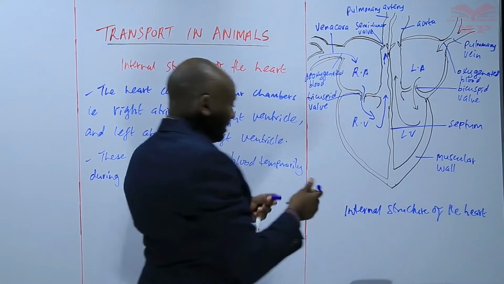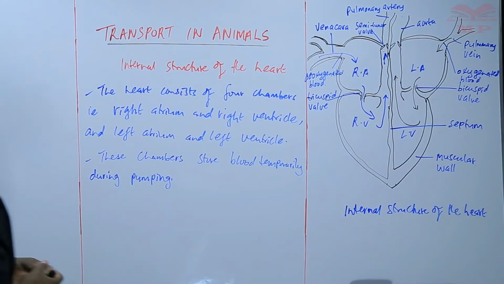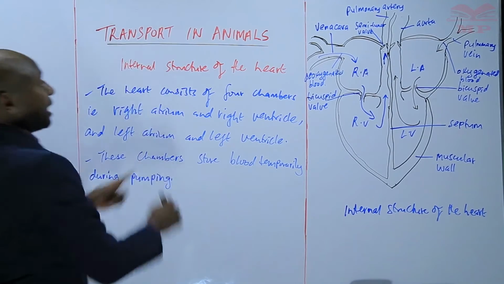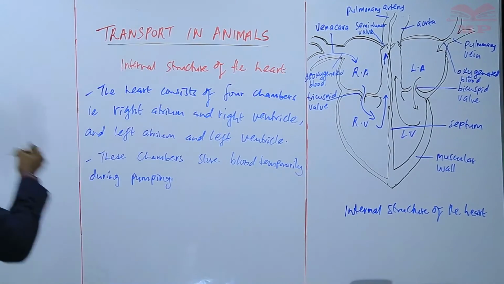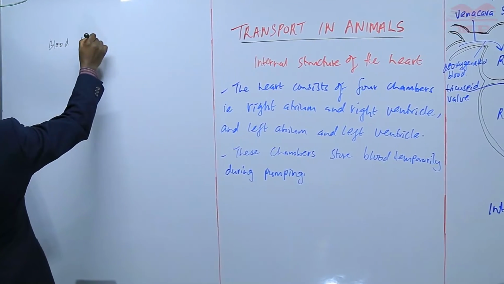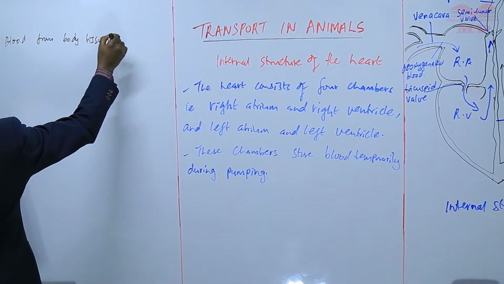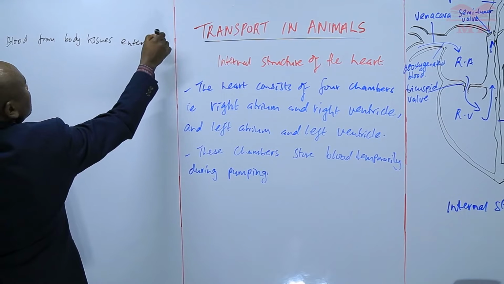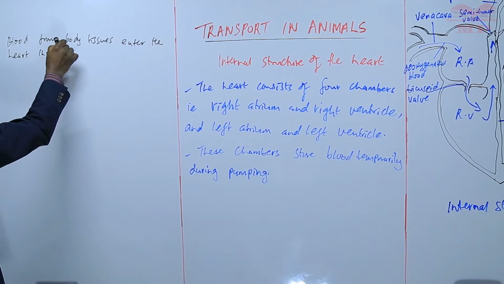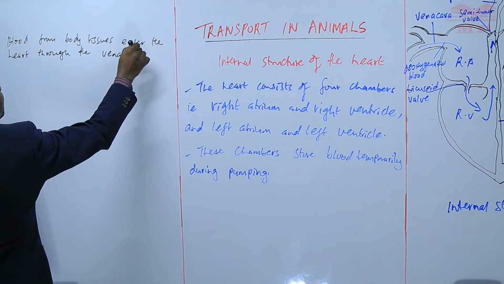Just to explain that diagram, how the blood circulates within the heart: blood from the body tissues enters the heart through the vena cava, which is the main vein.